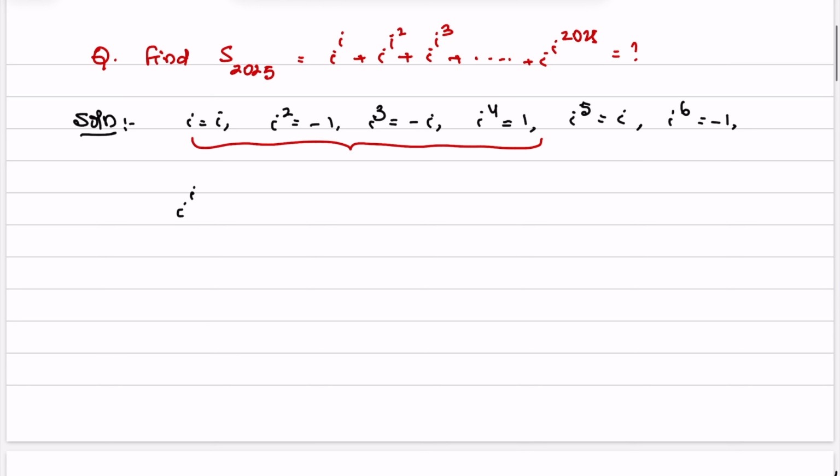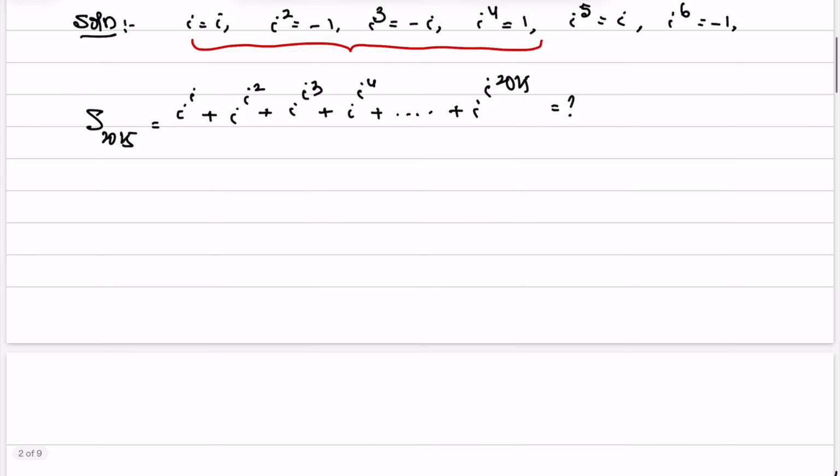i to the power of i plus i to the power of i square plus i to the power of i cube plus i to the power of i to the power of 4 plus up to i to the power of i to the power of 2025. This is what is wanted. This is the sum. Now we know the values of i.